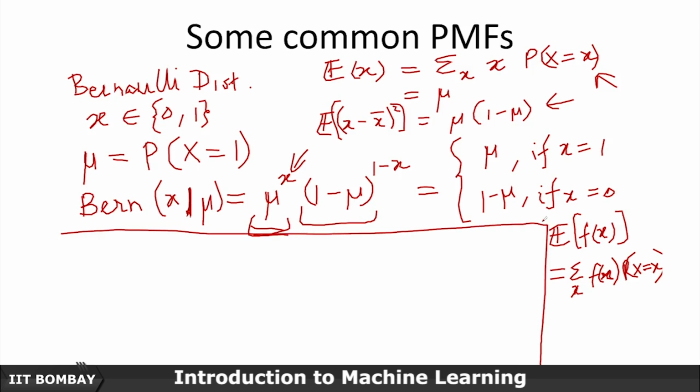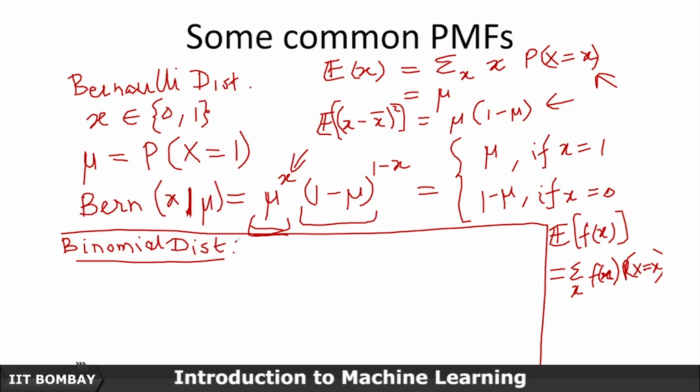A related distribution to the Bernoulli distribution is the binomial distribution. So, in Bernoulli distribution, what we were talking about was a single coin toss, and what is the outcome of that.